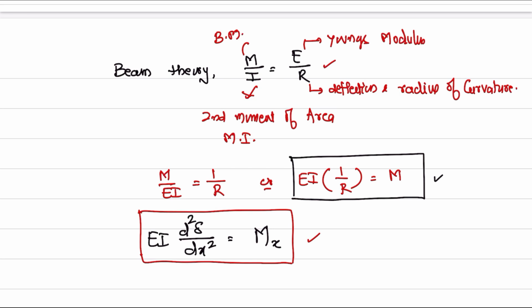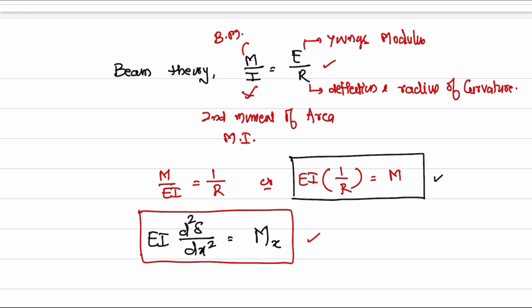That is from the geometry. You can refer to my engineering mathematics videos also. From the radius of curvature, we can define it. EI into d square delta by dx square.